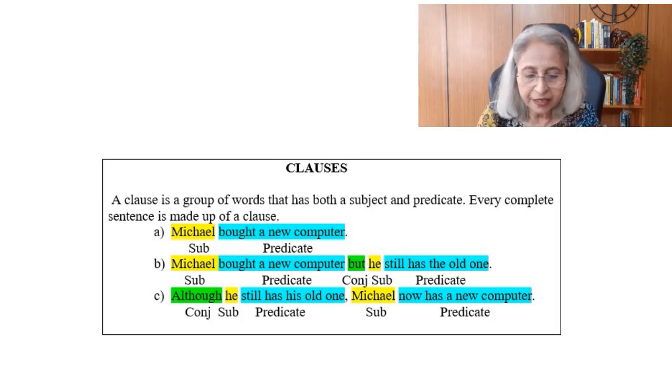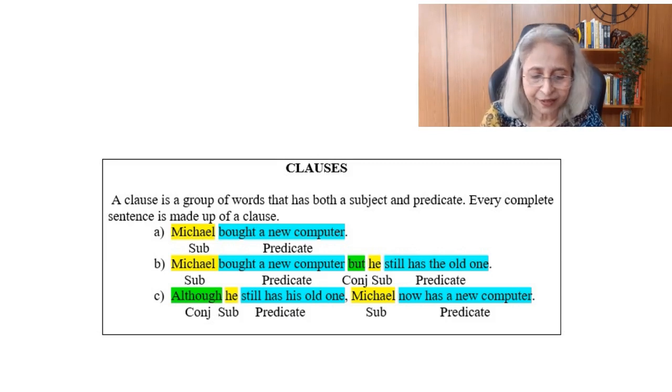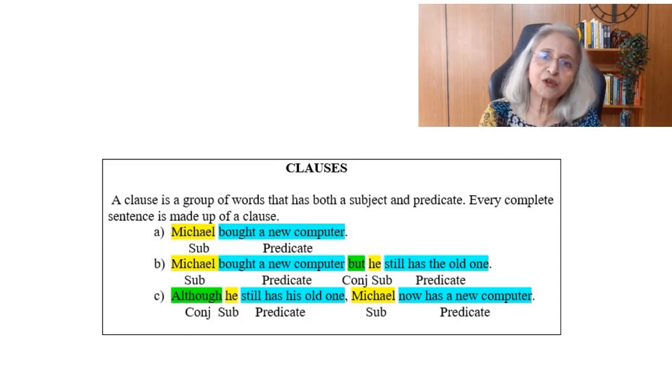It has the subject he and it has the predicate still has his old one. But can it stand by itself? Can I just say, although he still has his old one, and stop there? I can't, because you'll tell me, all right, continue, tell us what else.